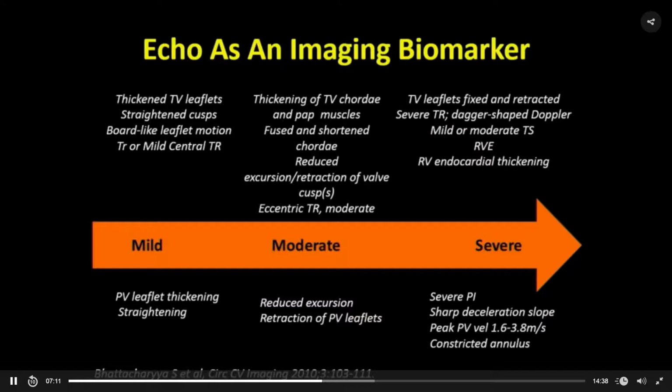But by the time you get to more severe or advanced disease, you have a patient that looks much like our patient with fixed and retracted tricuspid valve leaflets and severe TR with RV enlargement and even some subvalvular involvement as well. The findings for pulmonic valve disease follow a similar trend.